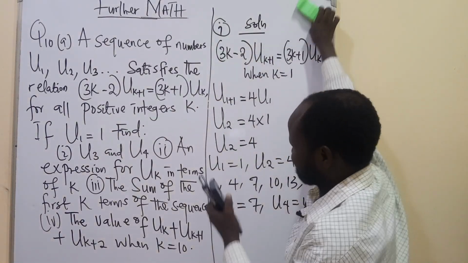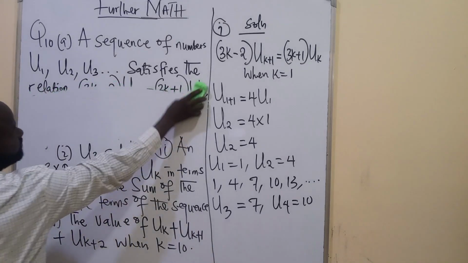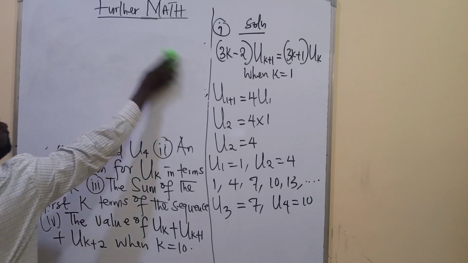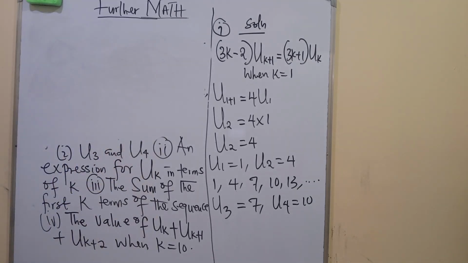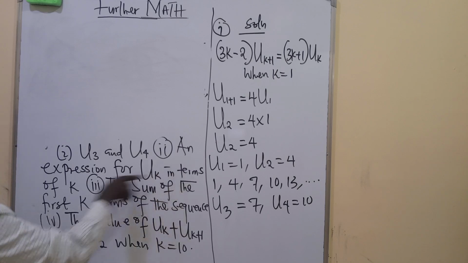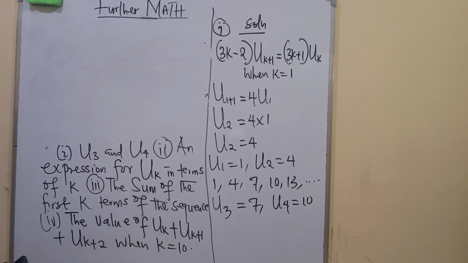Let's move to Roman numeral 2. As I said, it's very easy. Next question now. We are asked to find an expression for the kth term in terms of k, meaning make U(k) the subject of the relation.